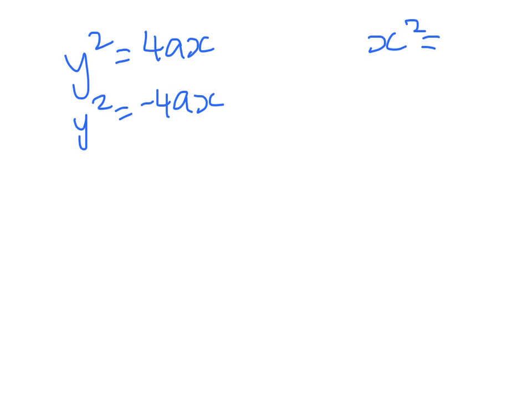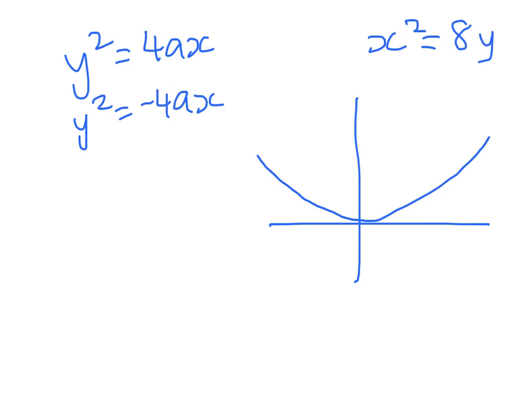So far we've done them in this form, y squared equals 4ax and y squared equals negative 4ax. Now we're going to look at x squared equals 8y. So this one is going to go like this. Again, the pattern here is 4ay, so x squared equals 4ay.